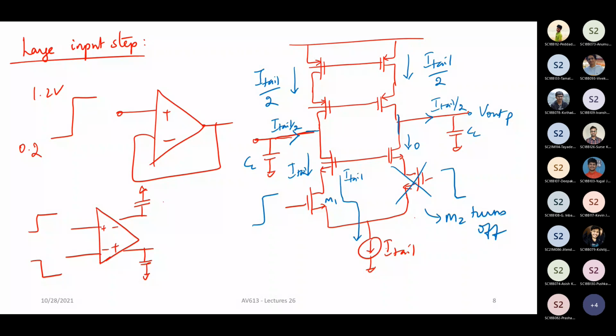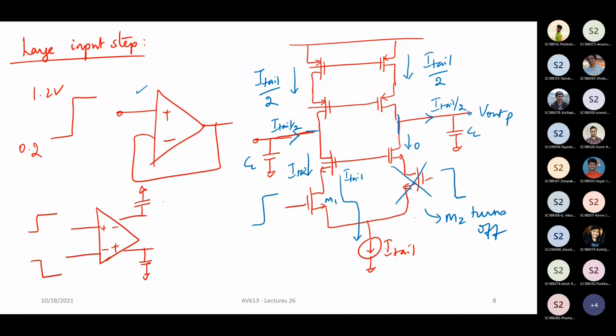So when you have a large step, the same thing can be worked out for a single-ended op-amp with unity gain feedback, or all the other scenarios that can be thought of. What will happen is that one side goes completely out and the other side follows.